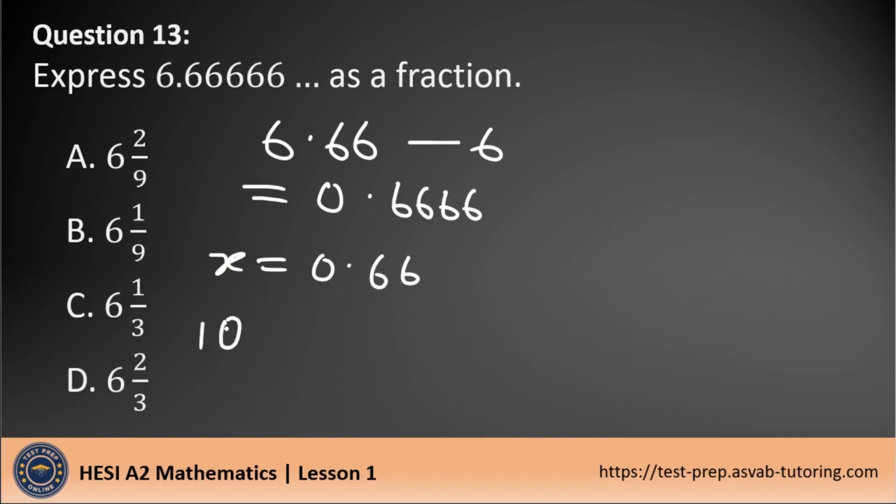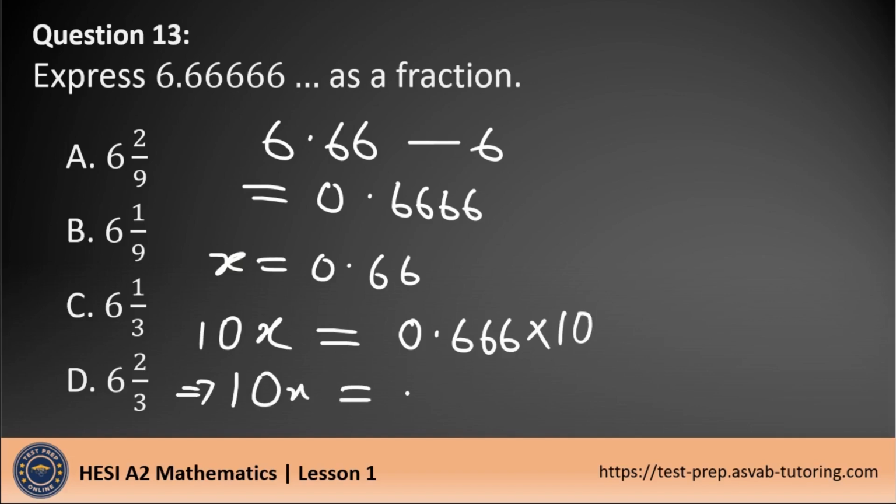So 10 times x equals 0.66 times 10, so now it becomes 10x equals 6.66, like this way. Okay, so now we need to use the equations. This is equation 1 and this is equation 2.